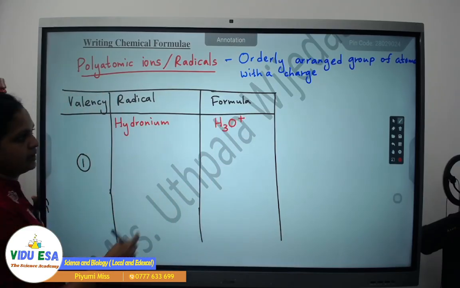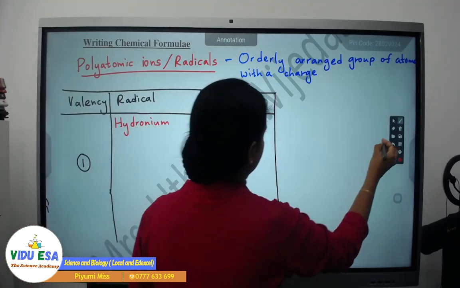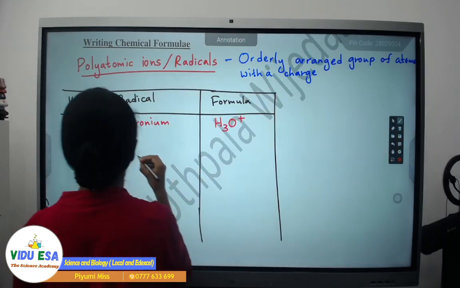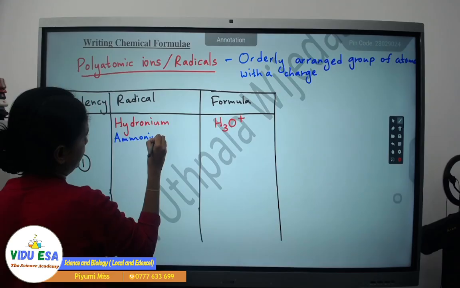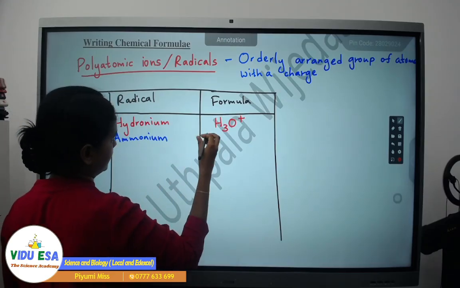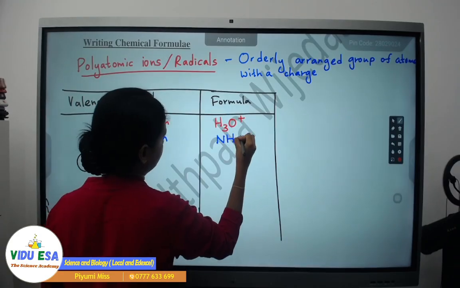So you have to remember the valency as well as the formula of the radical, right? Then ammonium. Here it is ammonium ion, NH4 plus.